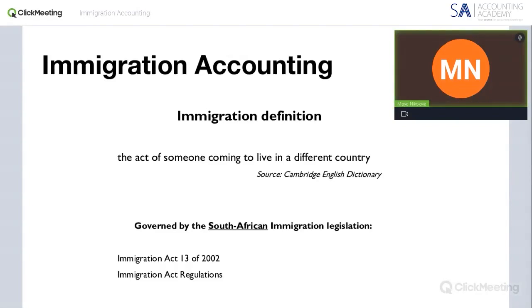So the immigration definition is the act of someone coming to live in a different country. And the source is the Cambridge English Dictionary. Immigration is governed by the South African Immigration Act 13 of 2002 and Immigration Act regulations.